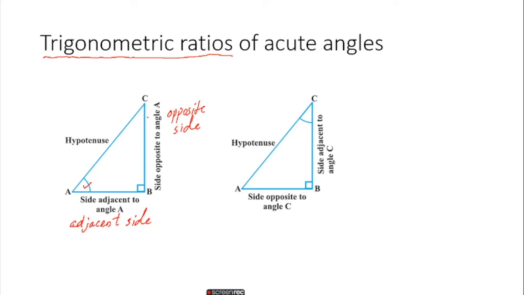So we have renamed the three sides of a right angled triangle. Hypotenuse we did not change. The other two sides, instead of base and altitude, we called opposite side and adjacent side.